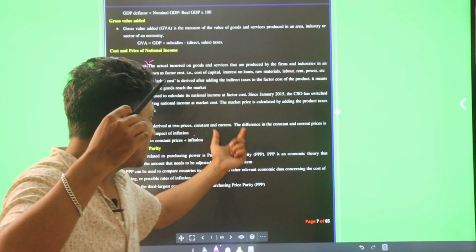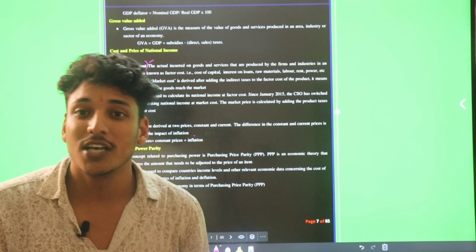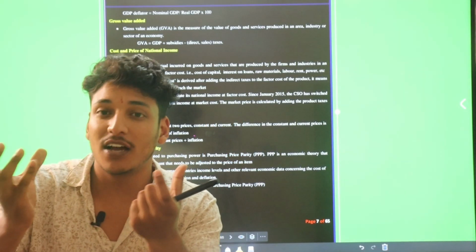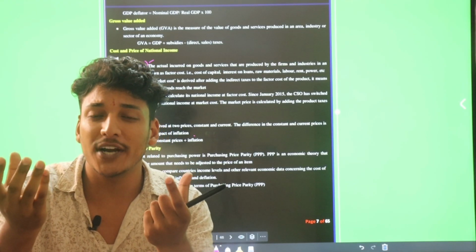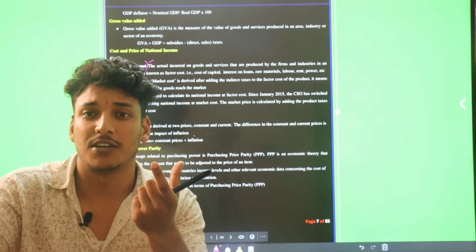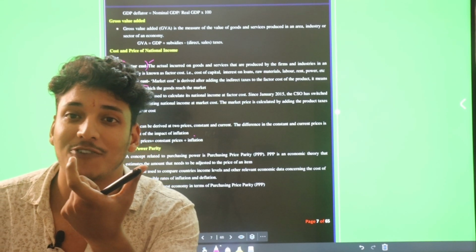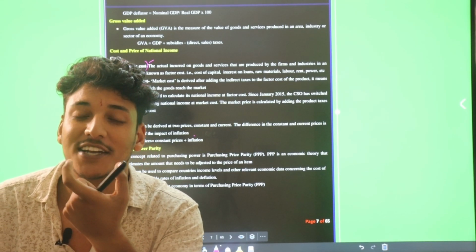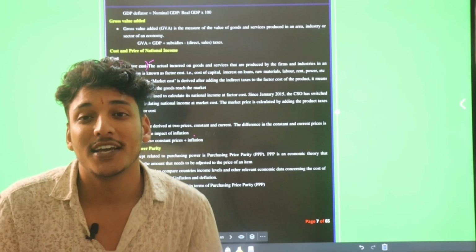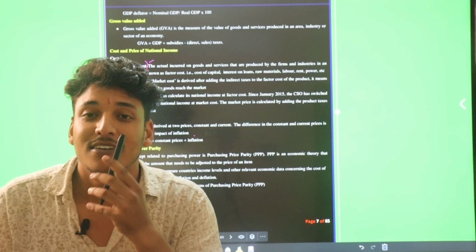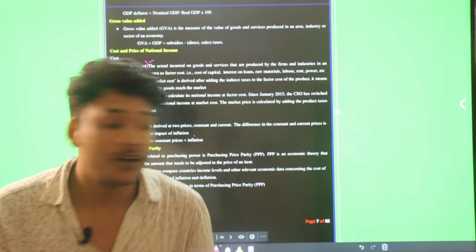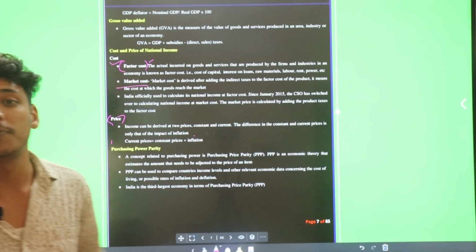But current price denotes a price after calculating the inflation. Then we will say this is the price of this product after calculating the inflation. That is called current price. And without calculating the inflation, that is called constant price.